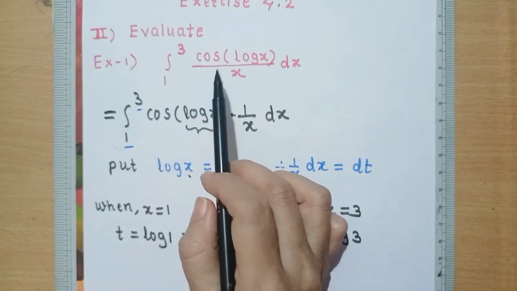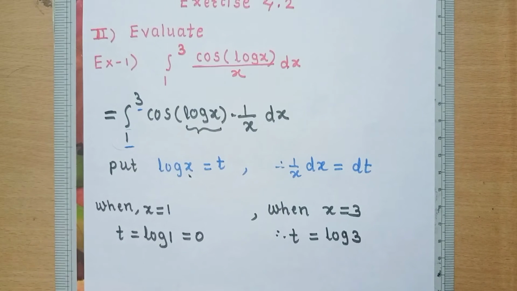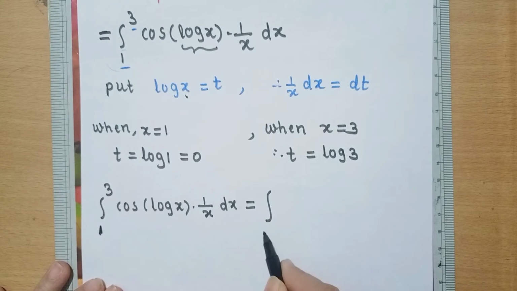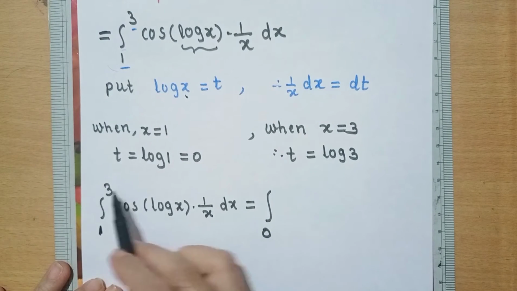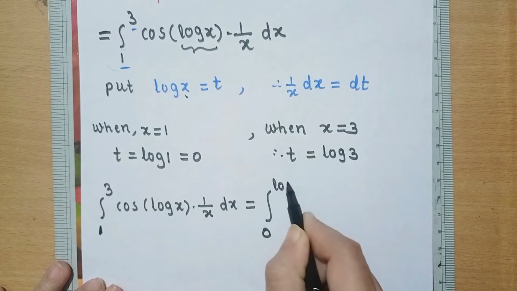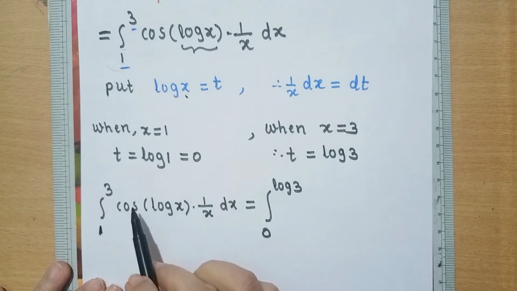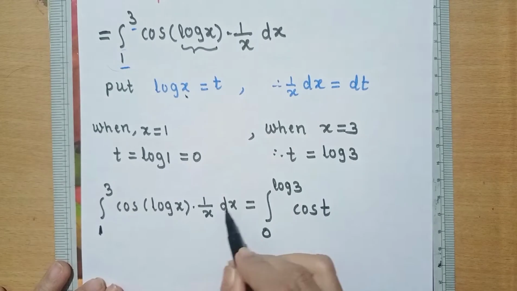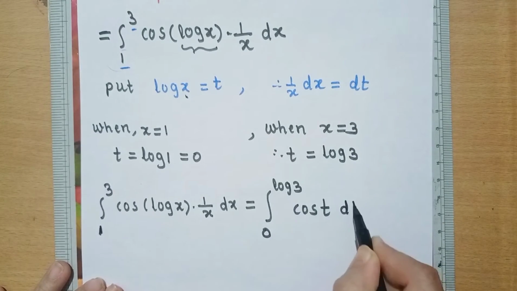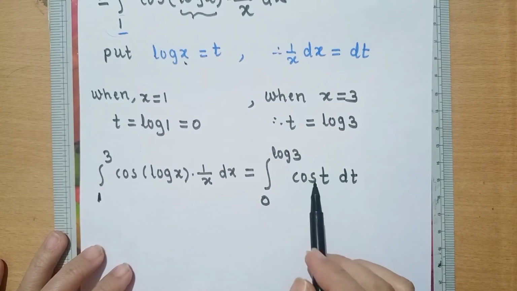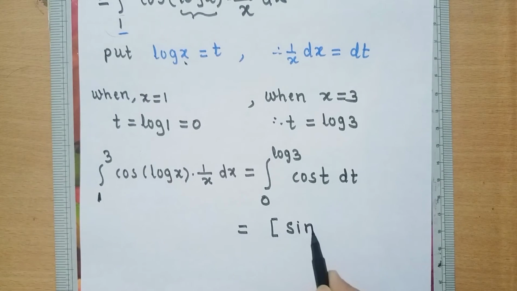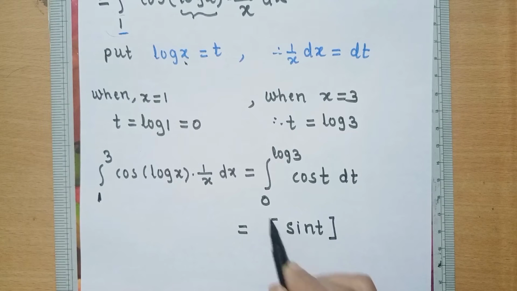And now we can find the value of this definite integration. Now look here, when x is 1, t is 0, and when x is 3, t is log of 3. And then we will write this cos of log of x is t, and 1 upon x dx is dt. So first what we have to do? First find out the value of this integration, and the integration of cos is sine of t, then this box bracket complete.